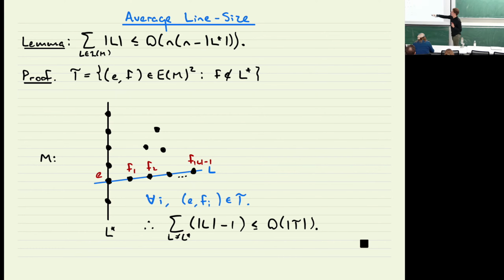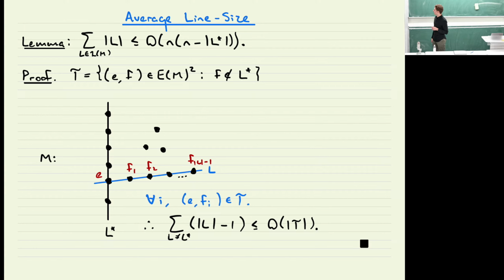And also subtracting off a minus 1 doesn't hurt us either because we're fine with taking a constant multiple. So that's how we prove the aggregate bound.